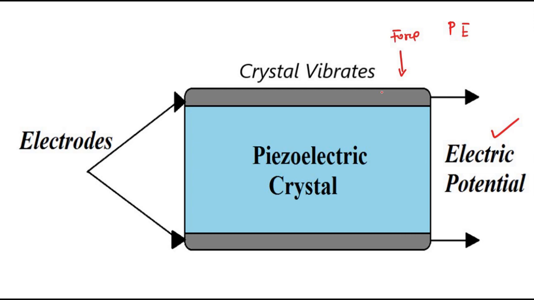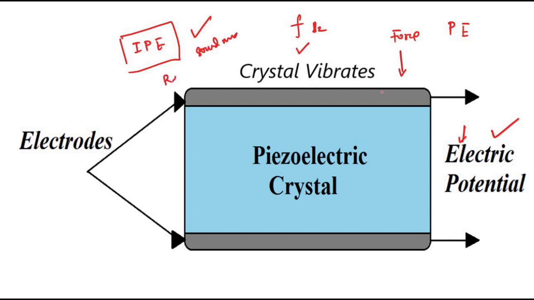The inverse piezoelectric effect is the opposite. When electric potential is applied, the crystal vibrates or oscillates with a certain frequency. This inverse piezoelectric effect is used here to generate an acoustic or sound wave at the resonating frequency of the crystal.